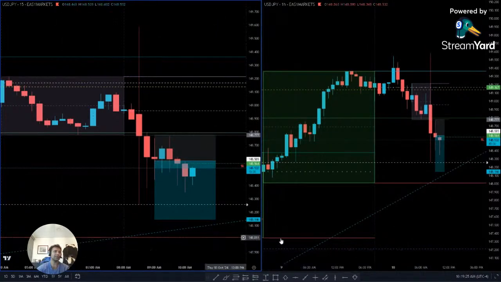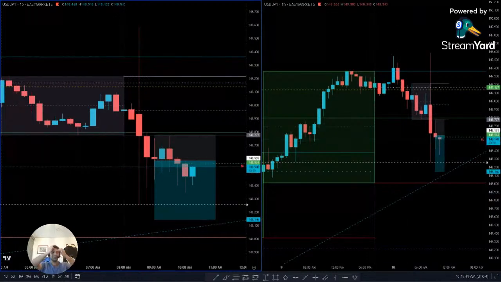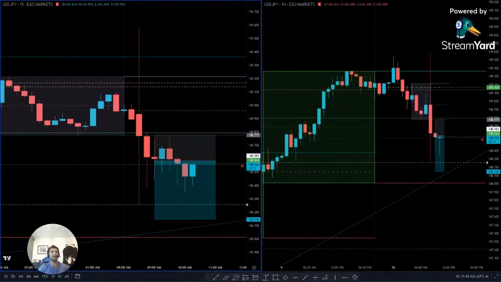Let's see the price push down furthermore, and see this is the 148 level. It's really important as well. It is really aligning with the previous week's Wednesday low. So we are about to get stopped out at break even, but I have secured enough.